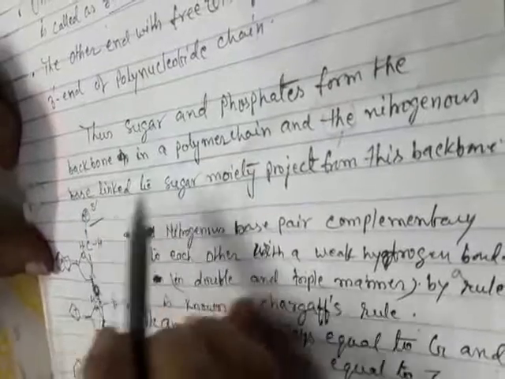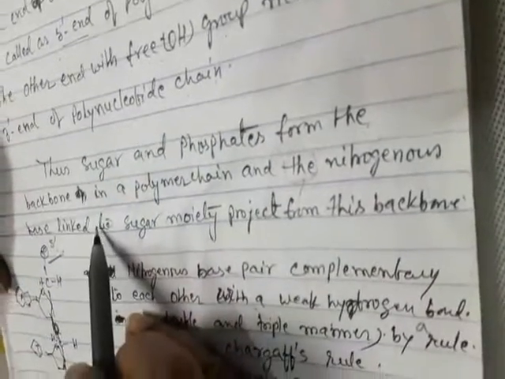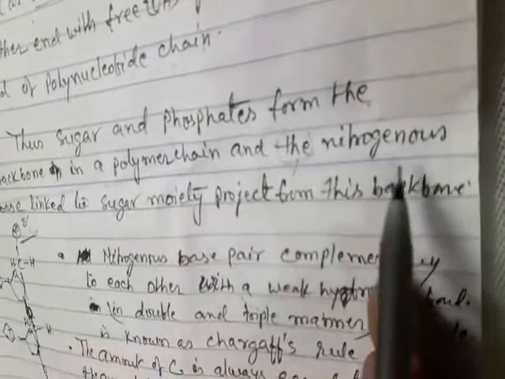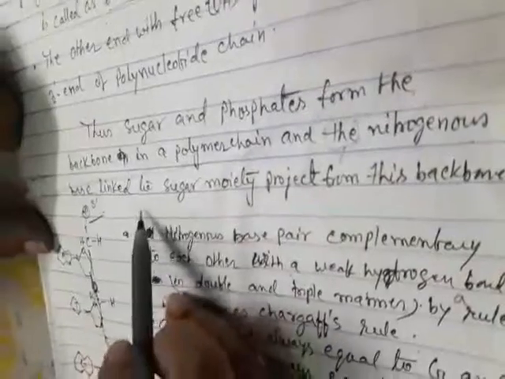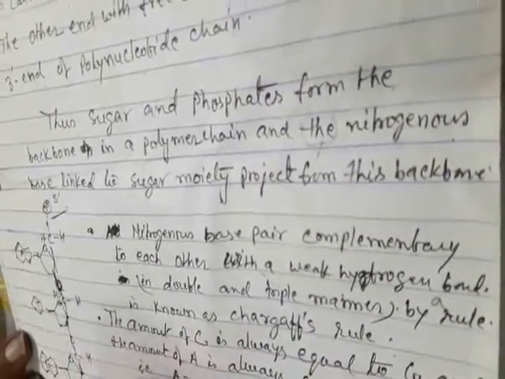Thus sugar and phosphate form the backbone in a polymer chain, and the nitrogenous bases linked to the sugar moiety project from this backbone structure.